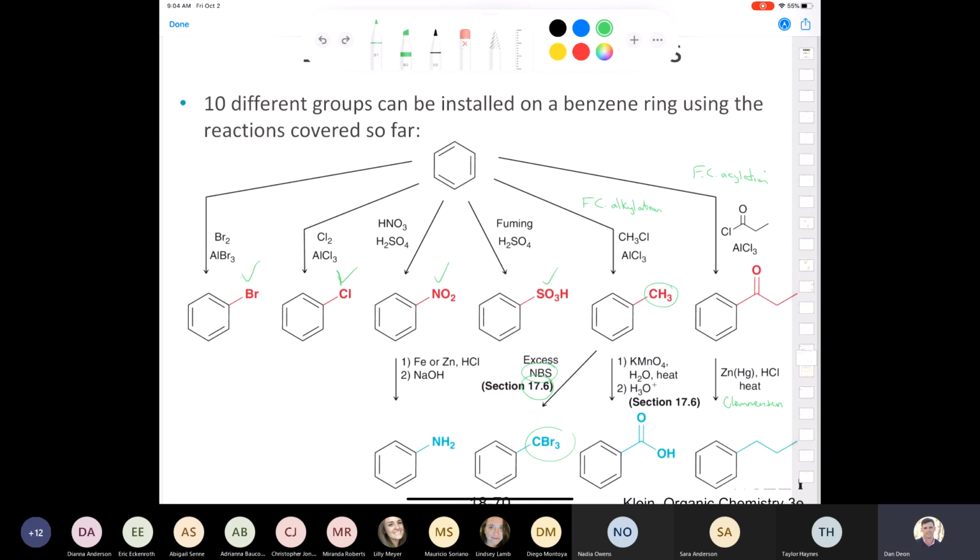What else? We learned benzylic oxidation in chapter 17. If you have at least one benzylic proton, you can do an oxidation like that. So lots of good chemistry there and lots of different options for reactions.